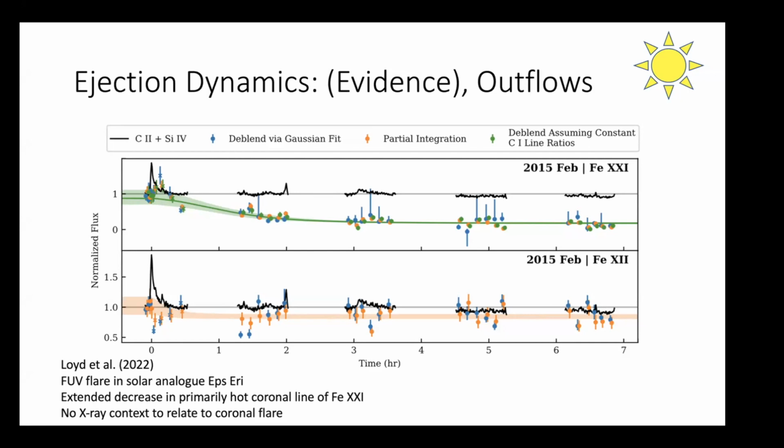Unfortunately, there's no X-ray context to relate that to a coronal flare, so we're making a lot of assumptions about what the X-ray flaring plasma is doing. This is another example pointing to Arcus's capabilities to probe both the transition region and the corona at the same time, as well as being able to give better evidence for whether dimming events on stars happen.